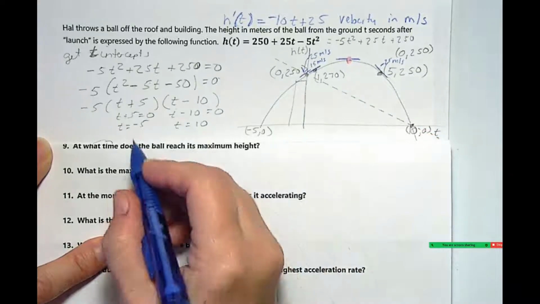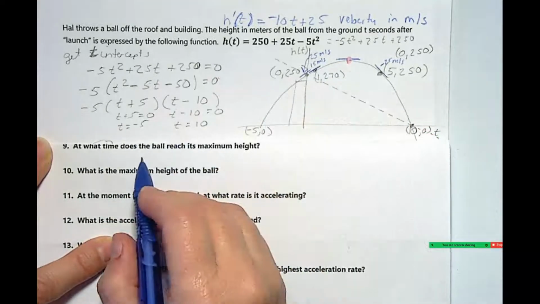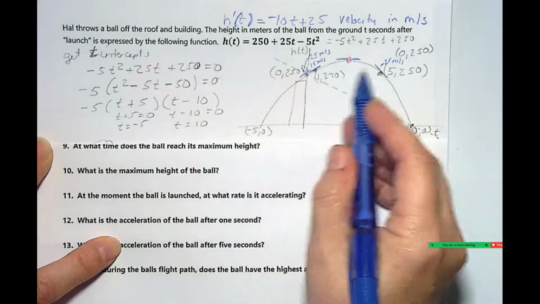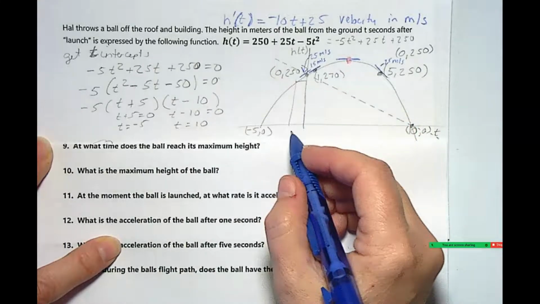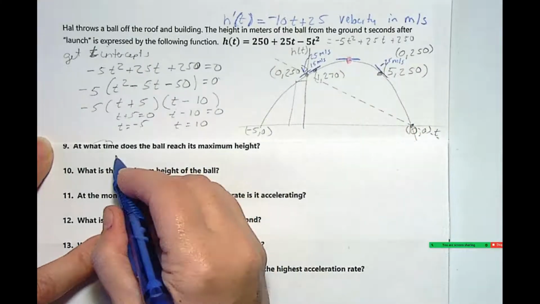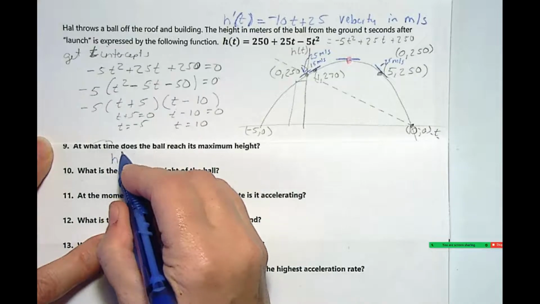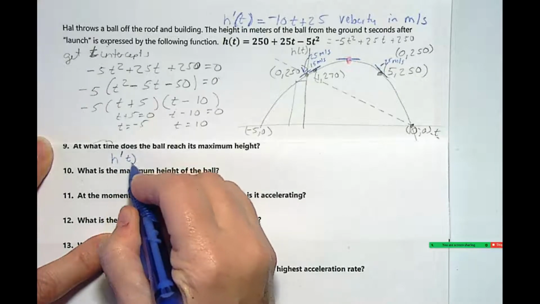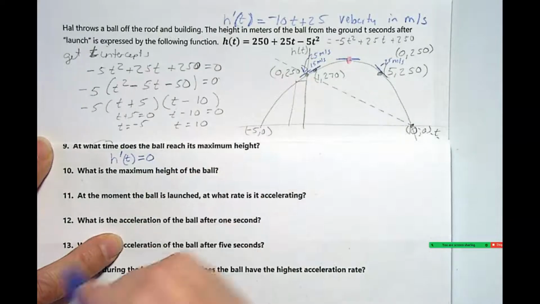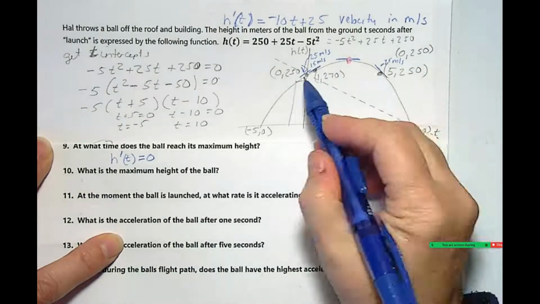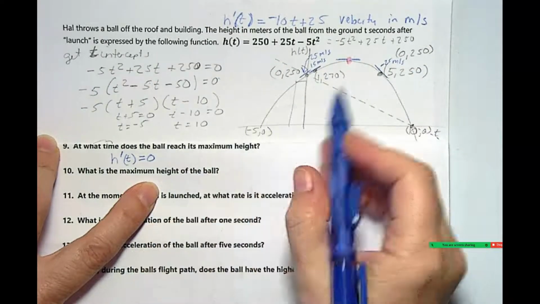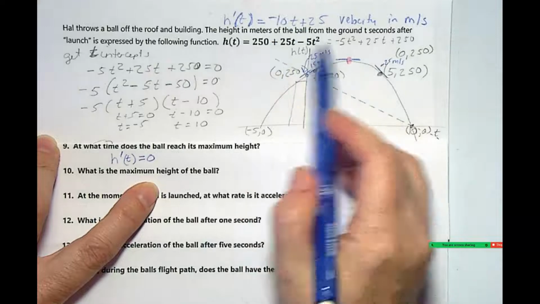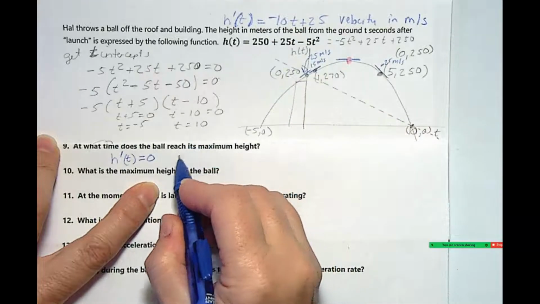Calculus, the derivative, right. So right there, one of the other ways that you can find that place is using calculus. You can say this is where h prime of t equals 0. So you can do it with algebra or calculus or the reasoning that Mason just showed. So the derivative was negative 10t plus 25.